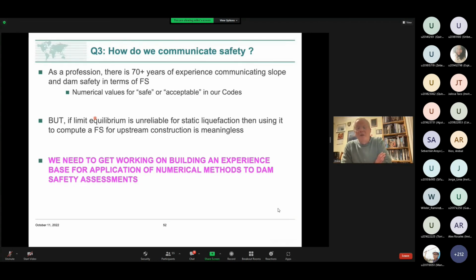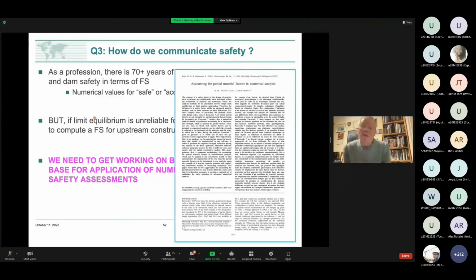We've got these various board reports, which are a starting point. But what we need to do is the sort of thing we've done at Tar Island. The various universities and researchers need to start looking at other case histories, and we need to start describing how we might assess safety when we're dealing with brittle materials, and some idea of that.